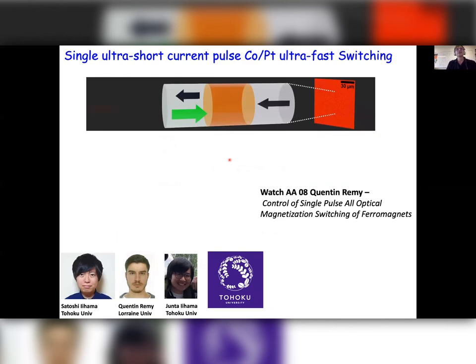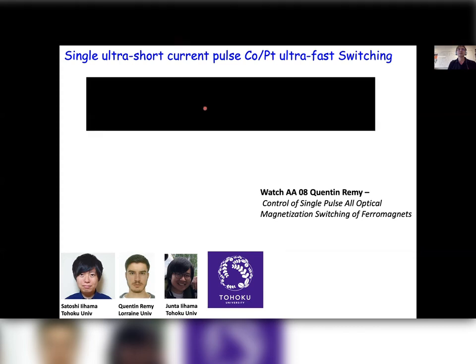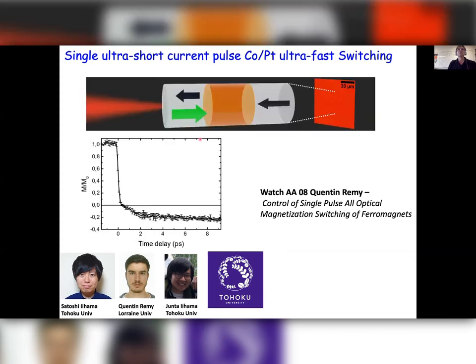What I will not discuss here, but I really think you should watch, is the video given by Quentin Remy in the next talks, where he's presenting that he was able to switch cobalt platinum with a single pulse by demagnetizing the gadolinium, and that this switching was ultrafast, probably certainly less than 1 picosecond.